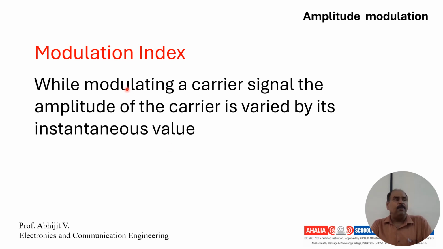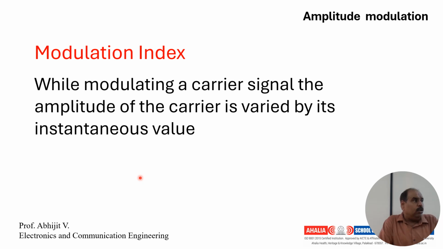Okay, next we are seeing a very important concept called modulation index. While modulating a carrier signal, the amplitude of the carrier is varied by its instantaneous value. So modulation index is something that is going to define how far you have modulated a signal, or to what extent you can modulate a signal.